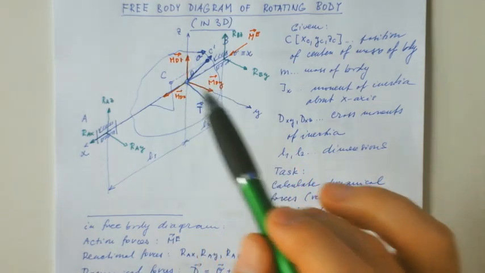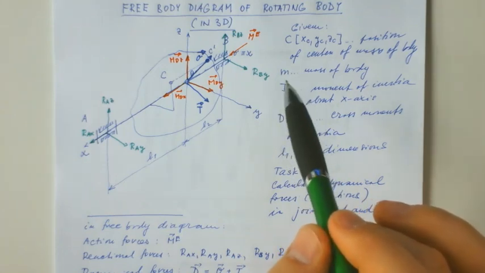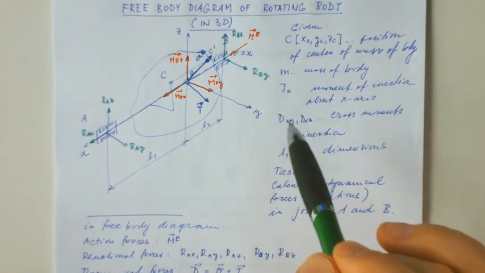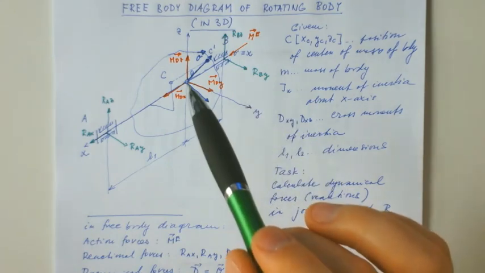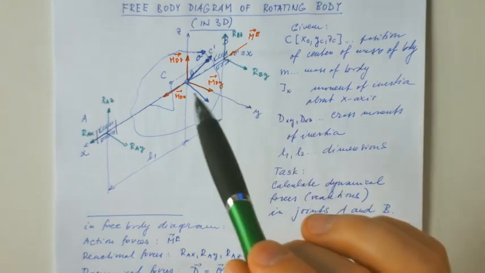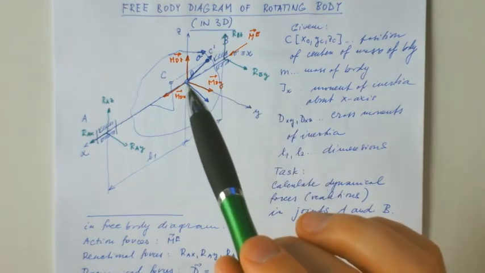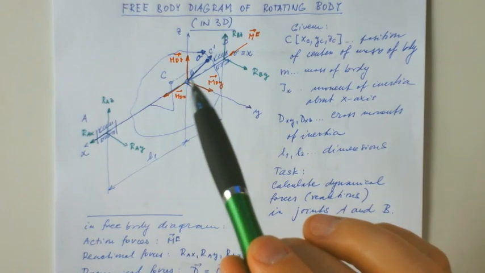In this coordinate system, we reach by integration Jx, Dxy, Dxz, and this is the coordinate system from which we derive these values. So to this origin of the coordinate system we place the beginning of vectors of dynamical forces.